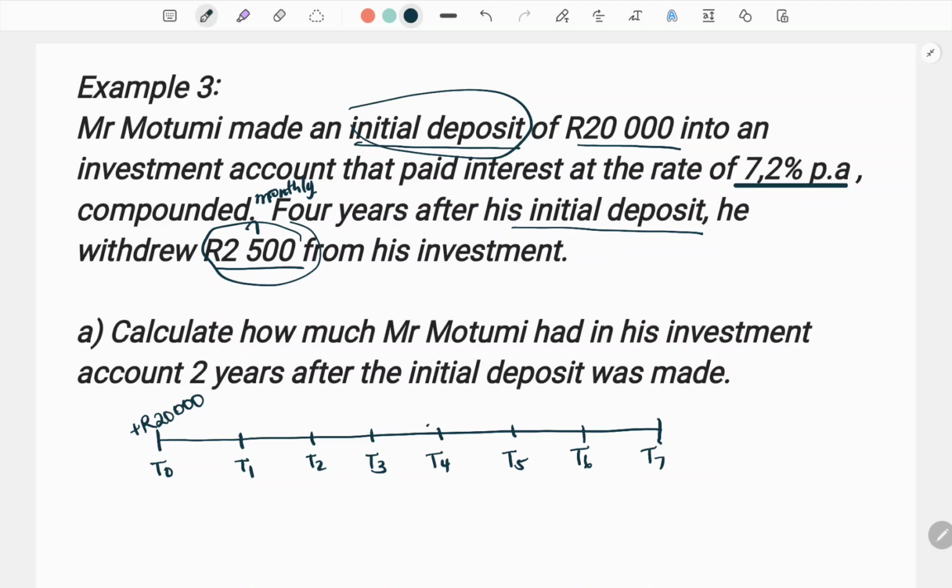At T4, you write minus 2,500, because he withdrew. When they say deposit, you just write plus. Be careful. The interest is 7.2. The interest did not change. Let me check. 7.2.